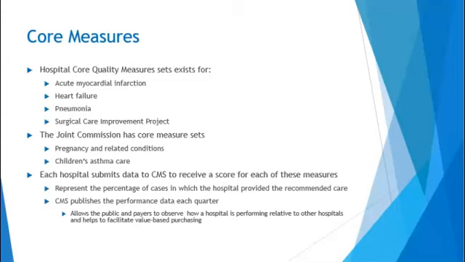Each hospital has to submit data to CMS, the Centers for Medicare and Medicaid Services, to receive a score for each of these measures. It represents the percentage of cases in which the hospital provided the recommended care.